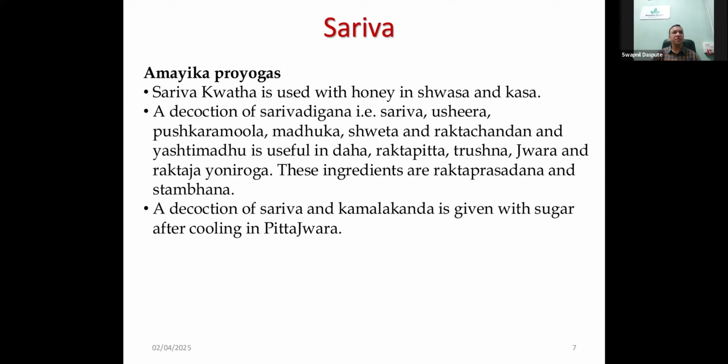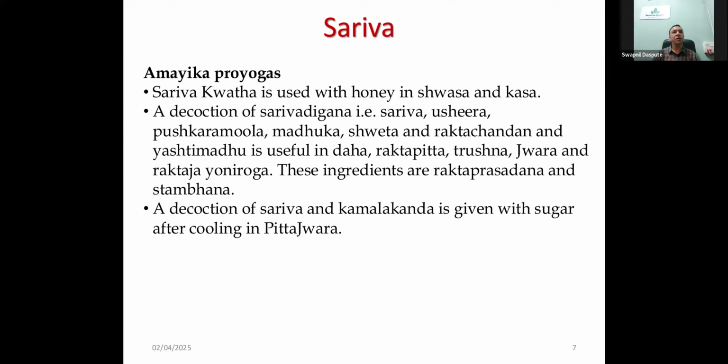A decoction of Sarivadigana, that is Sariva, Ushira, Pushkara Mula, Madhuka, Shweta and Rakta Chandana. Shweta Chandana and Rakta Chandana. And Yashti Madhu is useful in Daha, Rakta Pitta, Trushna, Jwara, and Raktaja Yoni Roga. So, Rakta and Pittaja conditions, Sariva and the herbs apart from Sariva have been mentioned.